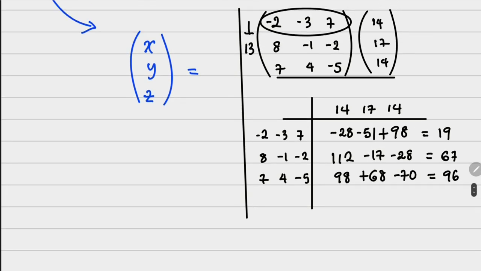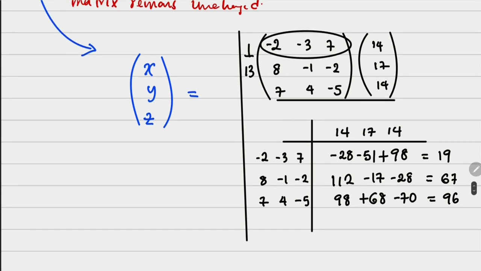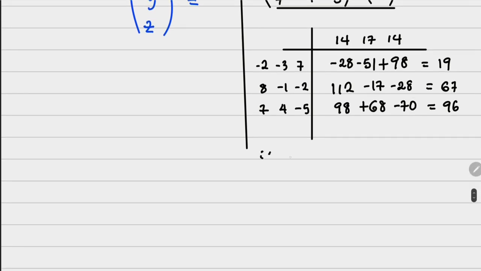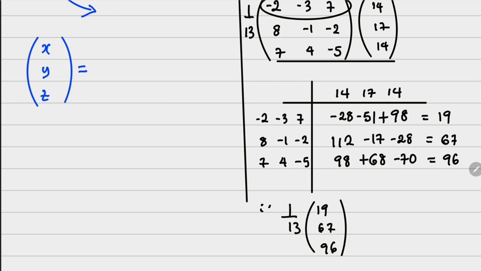All right. So everything has been done. I've multiplied. So it's going to be 1 over 13 into 19, 67, and 96. Okay, good. So I will come back to my work, so that this is going to be 1 over 13, then into 19, 67, and 96.